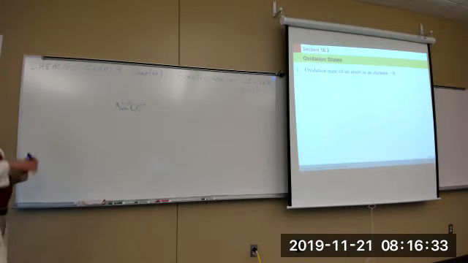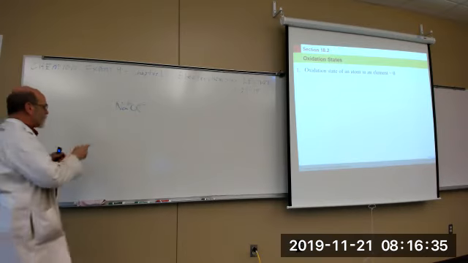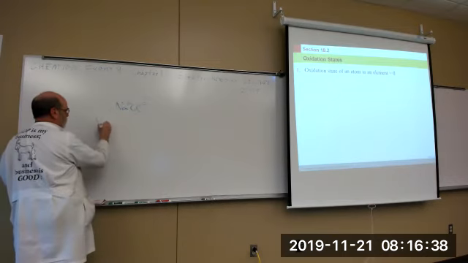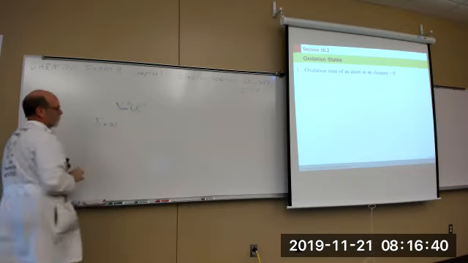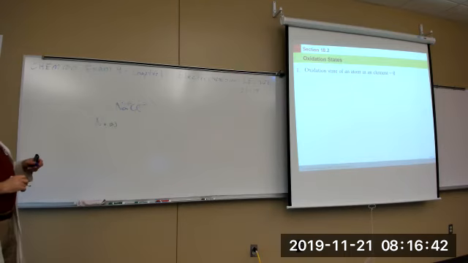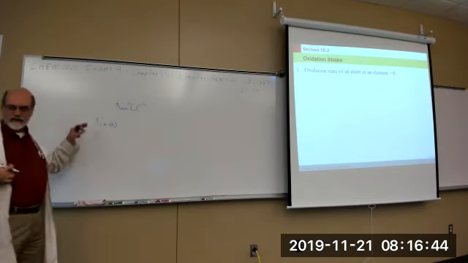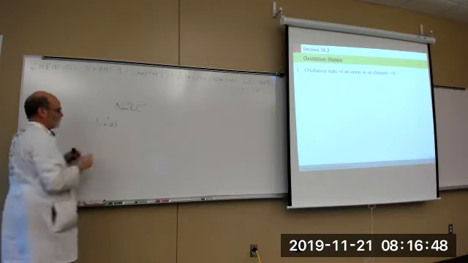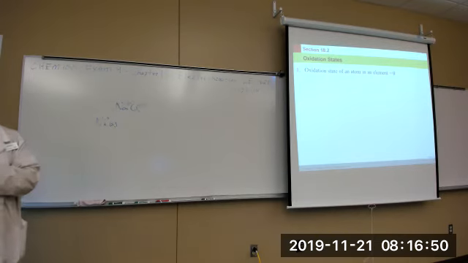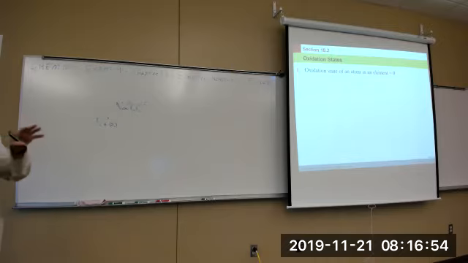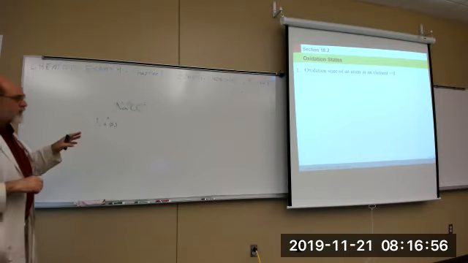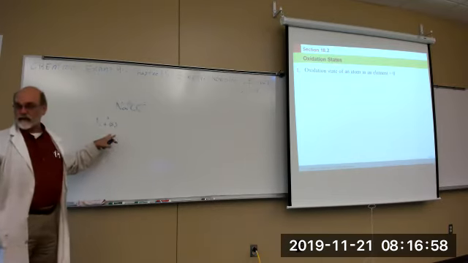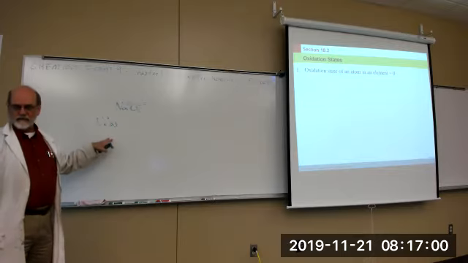So the rules. First rule: if you have an element, just a written element, and it's simple, its oxidation state is 0. All elements off by themselves have an oxidation state of 0, as long as they are in their natural state. In other words, standard state.